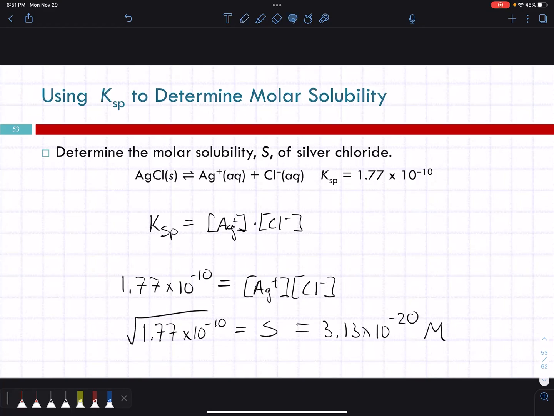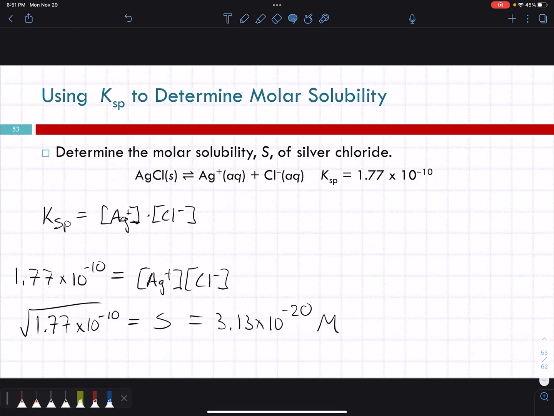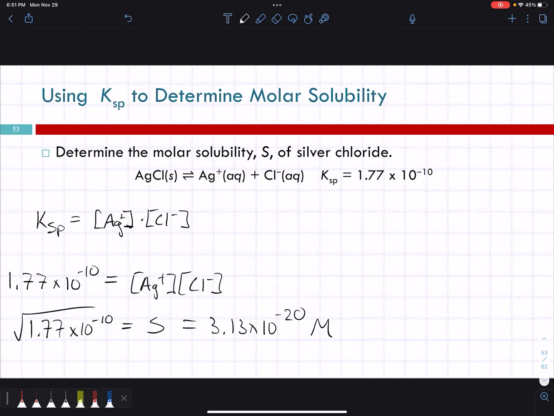If, for example, let's shift all this over a little. Let's say that instead of silver chloride, it was magnesium chloride. So you've got MgCl2. When MgCl2 dissociates in water, it's going to be magnesium 2 plus and 2 Cl minus.